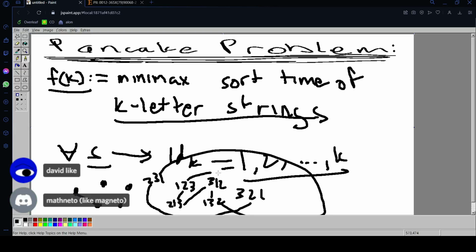So for this one, the graph actually looks like a cycle. Funnily enough, I apologize that I've drawn over some other stuff, so it's a very unpretty graph.